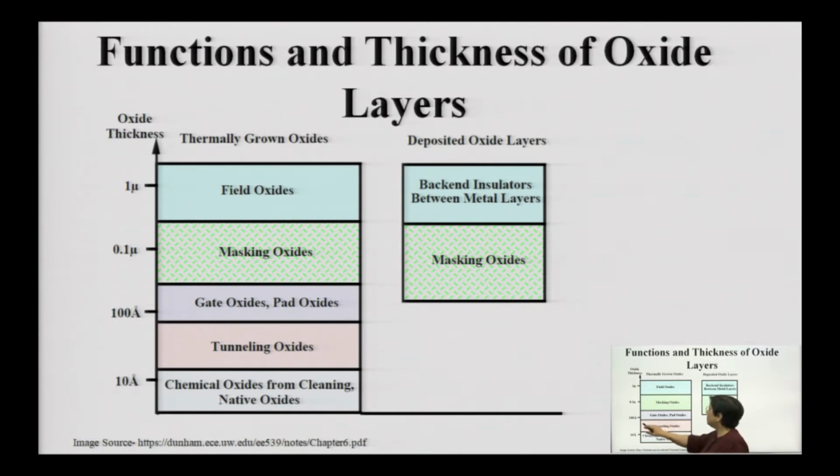Then around 100 angstrom you have small scale devices, pad oxides, gate oxides or tunneling oxides, which have their applications in this range. Around 1 micrometer you have masking oxides, which are used for passivation, protecting the active surface of silicon or any other underlying surface. Then around 1 micrometer you have field oxides, which are typically used in the construction of MOSFET devices.